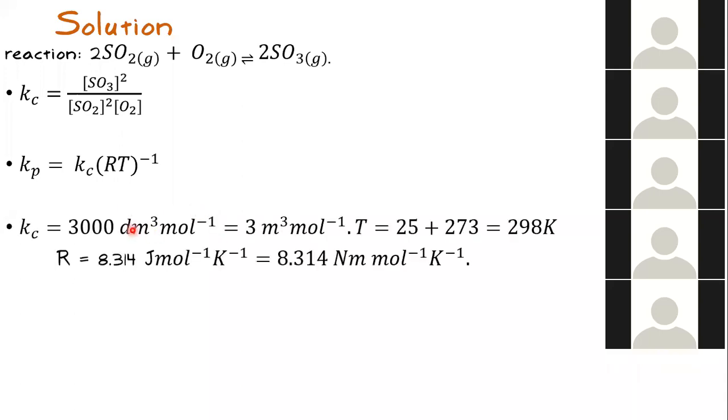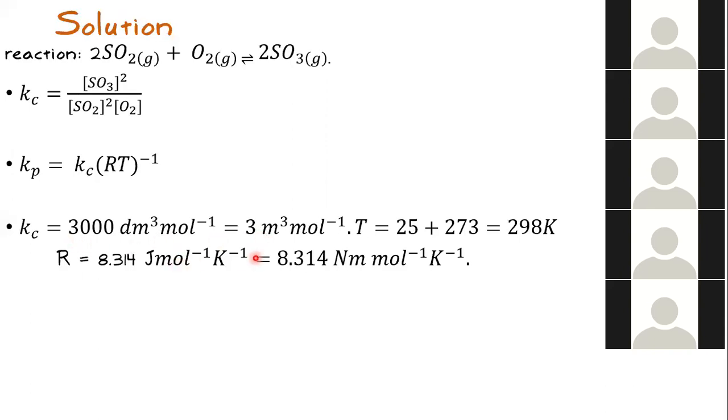We know that Kc is 3000 decimeter cube per mole. As I mentioned earlier, your value here should be changed to meters cube, and 1 meter cube is equivalent to 1000 dm cube.